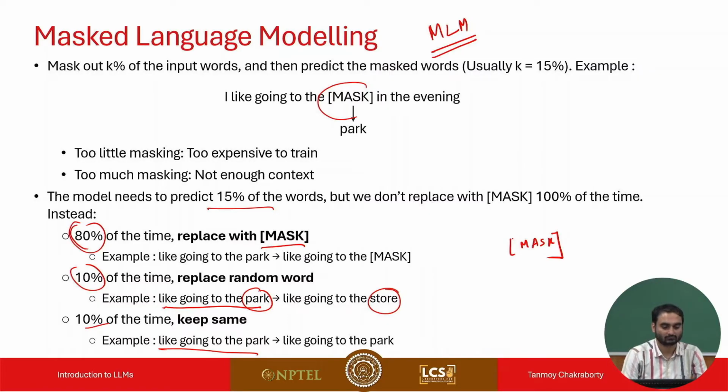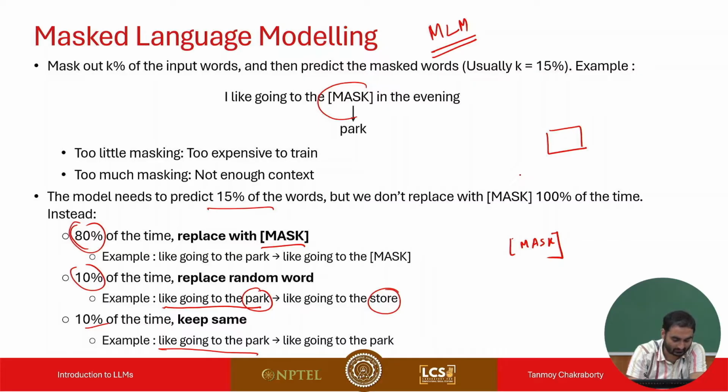Why 15%? Why not 50%? If you mask 50% of the tokens, most of the context will be destroyed. You also need some context. So they empirically tested that 15% is a good number. 15% of a 1 billion or 10 billion size token set is good enough.